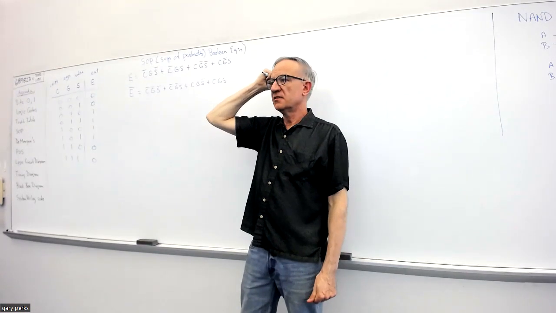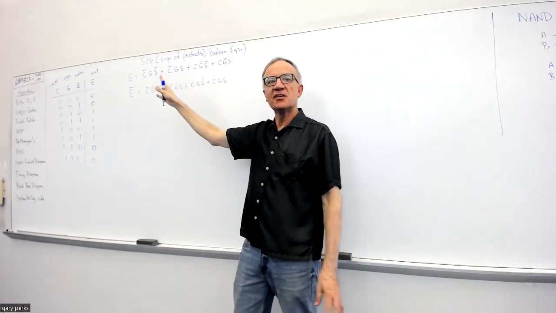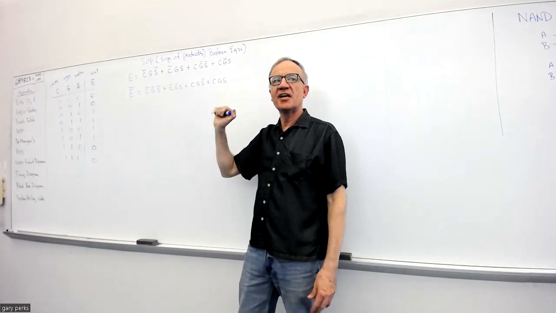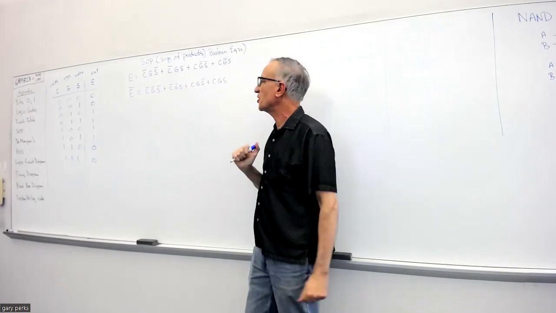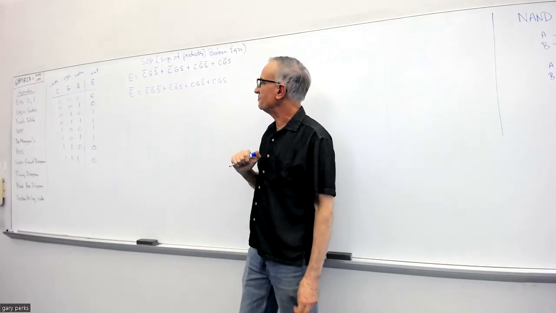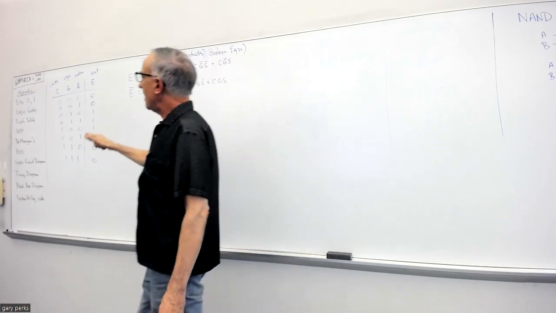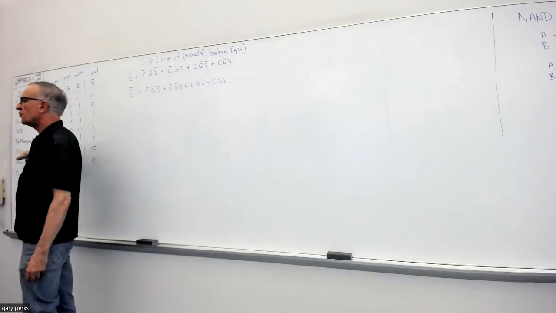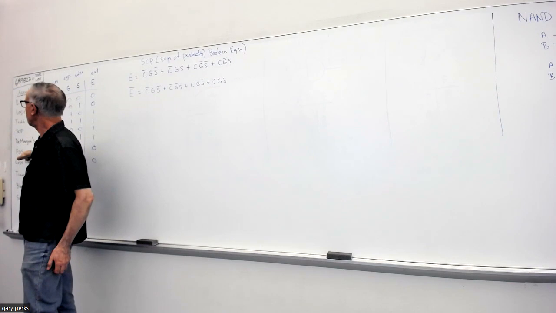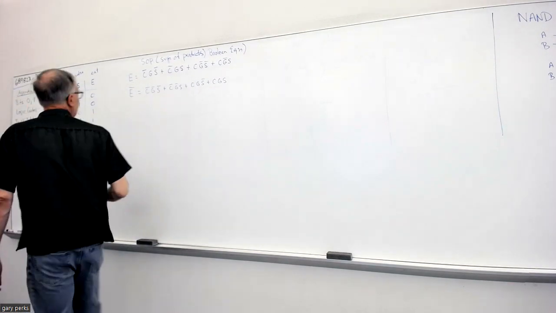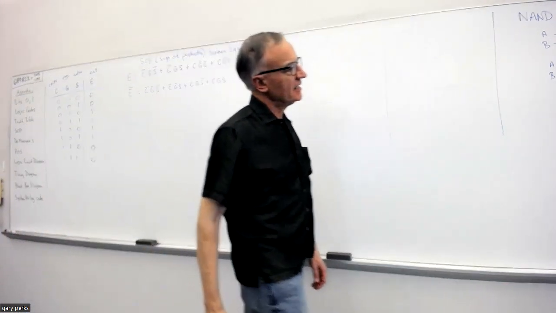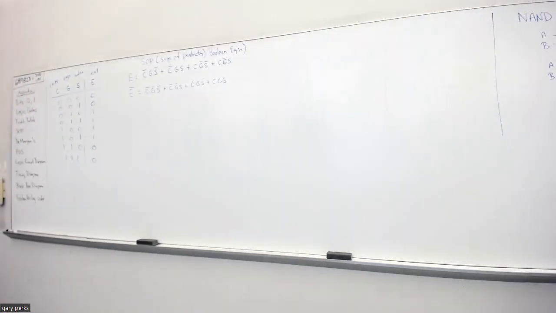Everybody see what I'm doing here? Everybody's good? No questions? Okay, because now it's going to get a little more interesting. In addition to SOP, sum of products, there's another form called POS. We'll write POS over here somewhere.